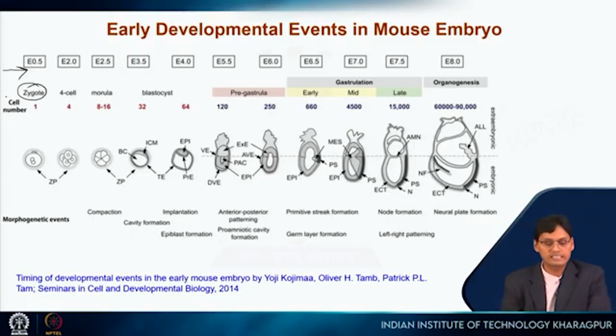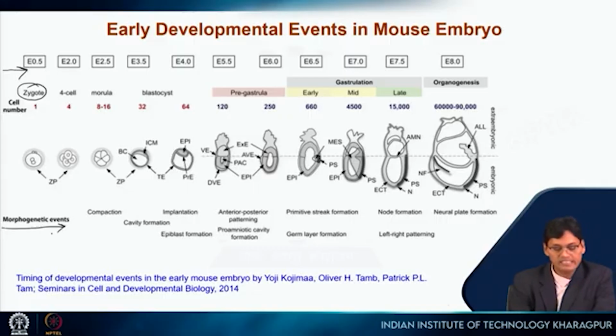So as you can see here, the zygote. Zygote means still one cell, but the egg and sperm are already fertilized; the fertilization already happened. Here in the lower panel, we are trying to show you the morphogenetic events. So this is the zygote, and how many cells are present there?